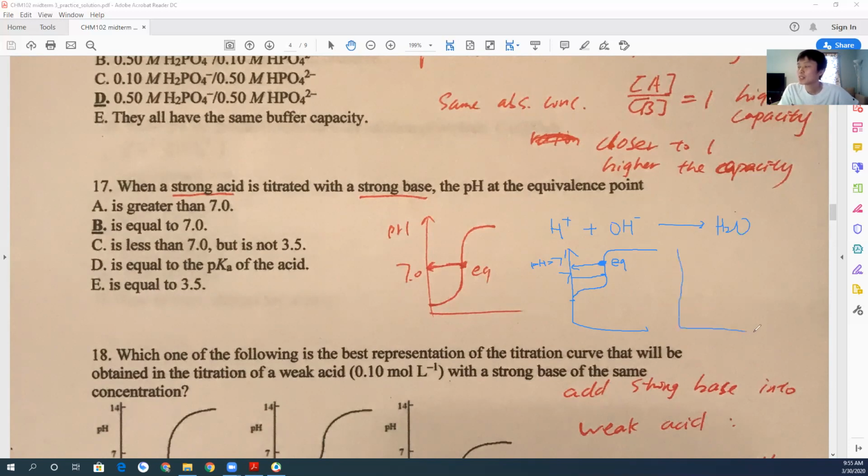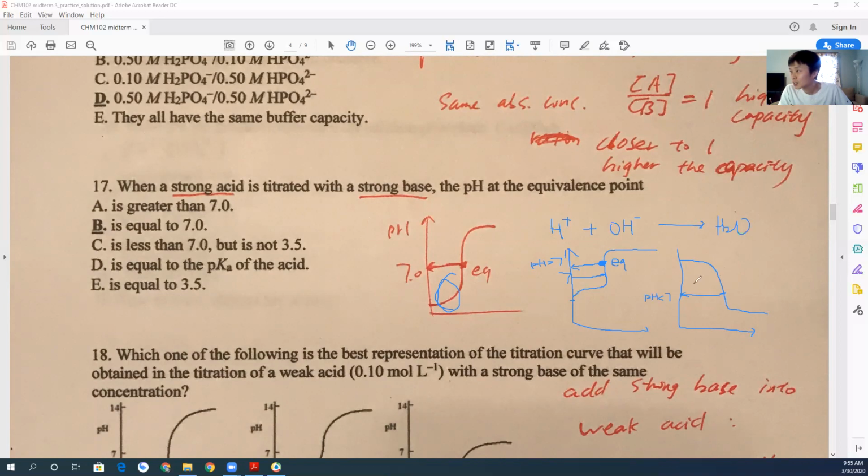If you add a strong acid into a weak base, you have this buffered region at the beginning, and then it's similar to this region but in the opposite direction. So at the equivalence point, the pH is going to be lower than 7.